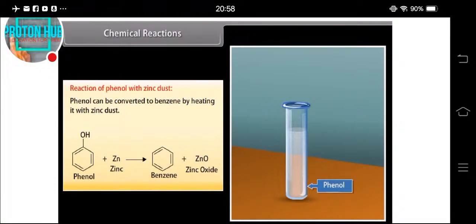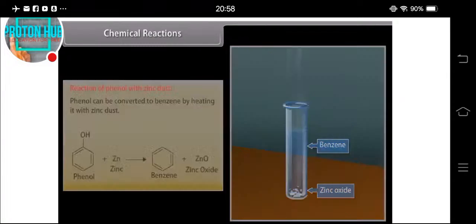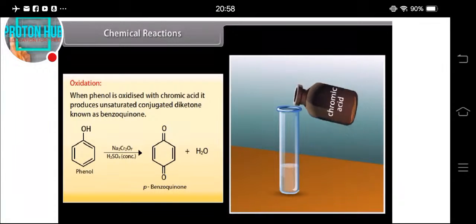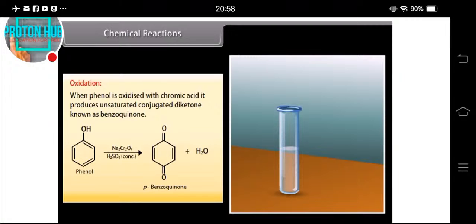Phenol can be converted to benzene by heating it with zinc dust. Oxidation. When phenol is oxidized with chromic acid, it produces unsaturated conjugated diketone known as benzoquinone.